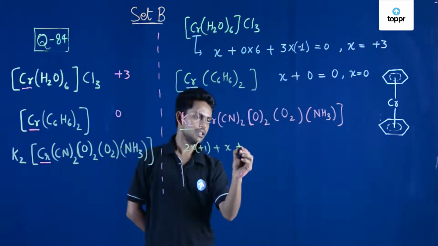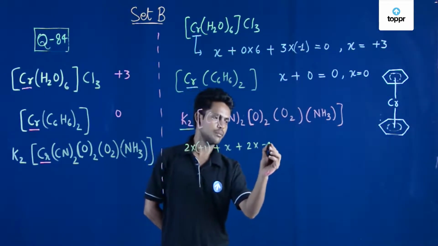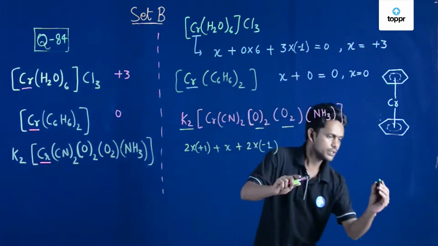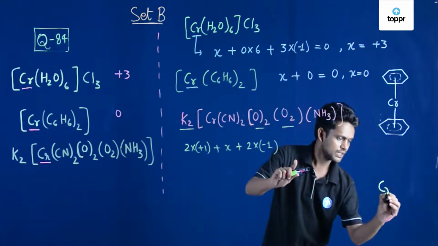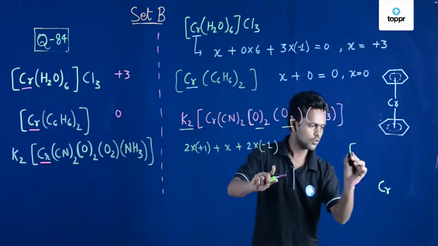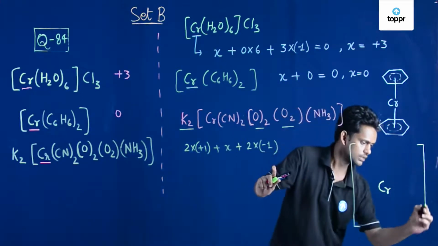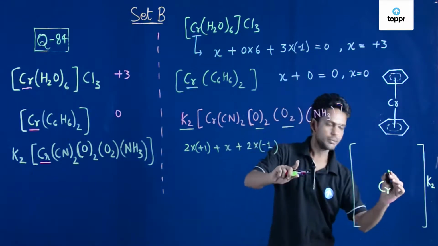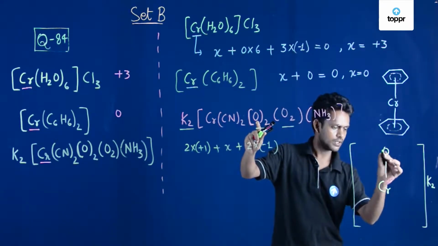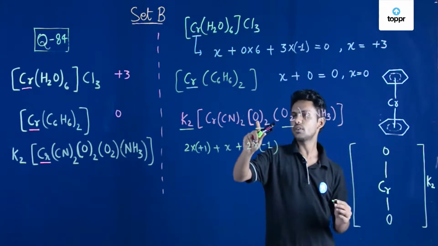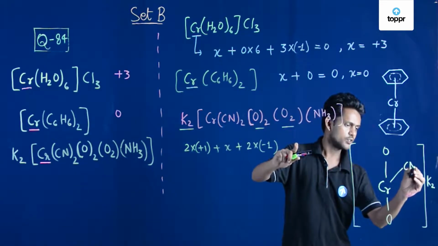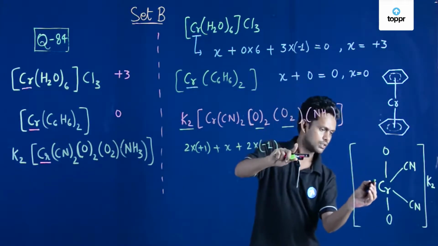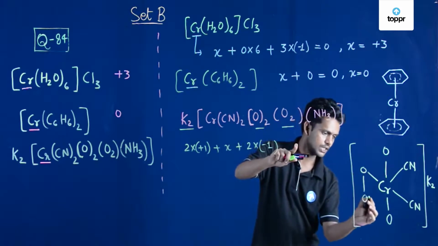For cyanide we know that it is -1, so 2 multiplied by -1. And what about these two? You need to look at the structure. So let's say this whole complex has K2, and this chromium is attached to 2 oxygens, so let's say this is one oxygen, this is another oxygen, and then we have 2 cyanide. This is a rough diagram. We have 2 cyanide and then we have O2, that means a peroxo linkage.